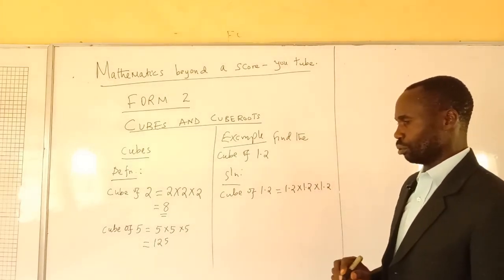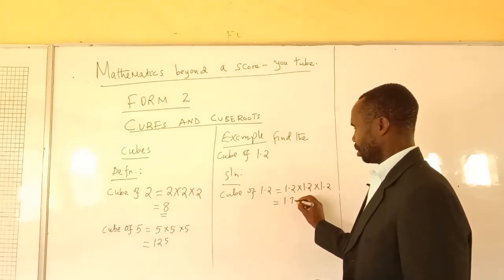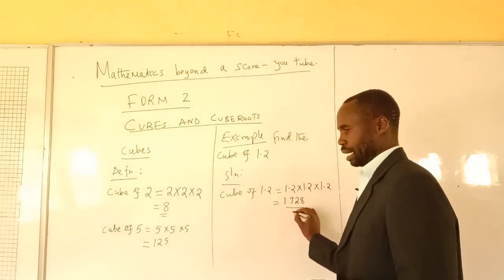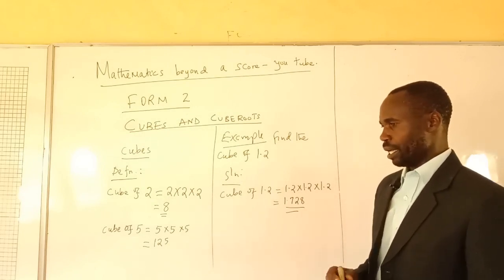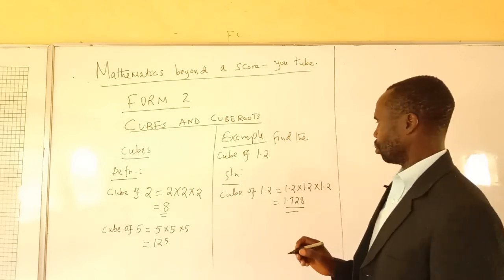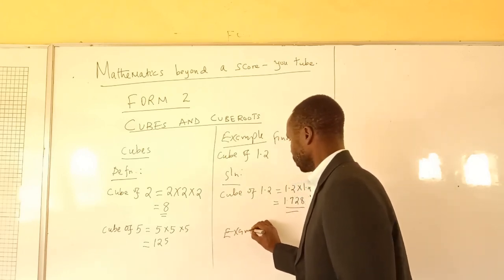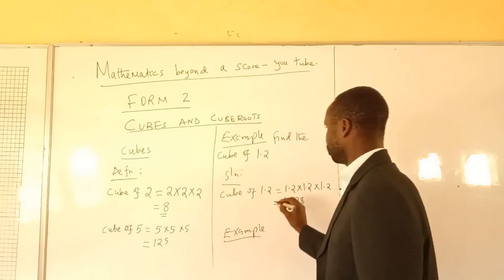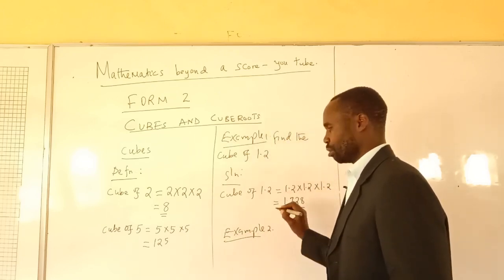When you multiply it, the answer you get is 1.728. This is example 1. Now example 2.